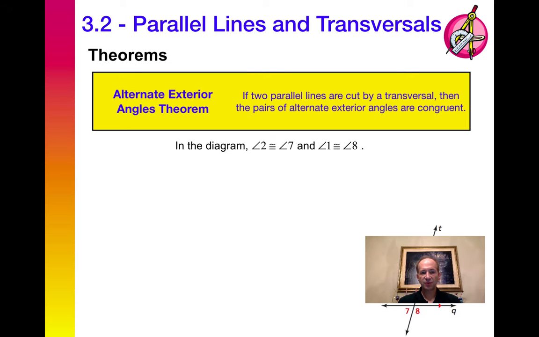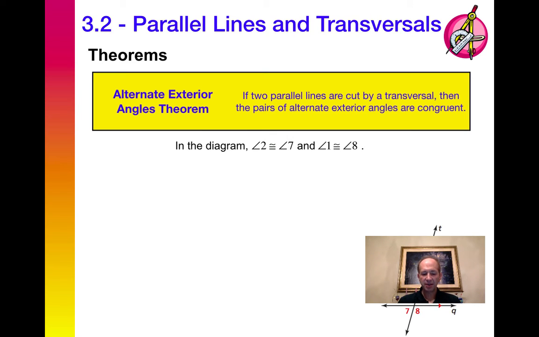Now let's go to the next one. Alternate exteriors. Now we go to the outside. So 2 up here and 7 down here. We start out with the same line: if two parallel lines are cut by a transversal. We always start out with that fact. And then we say that the pairs of alternate exterior angles are congruent.